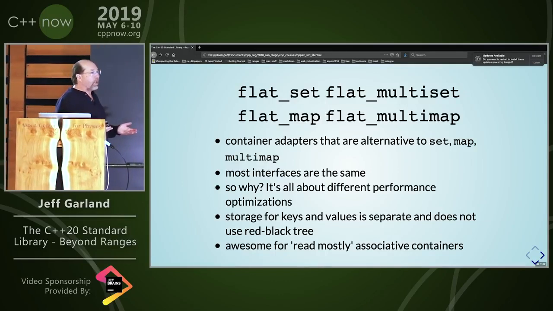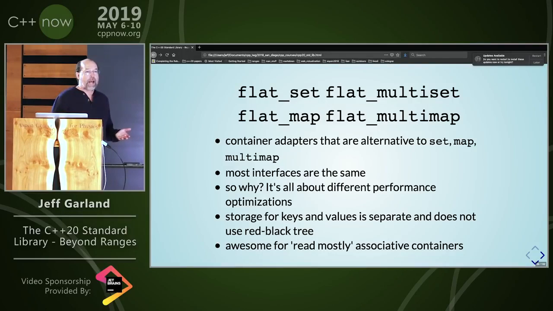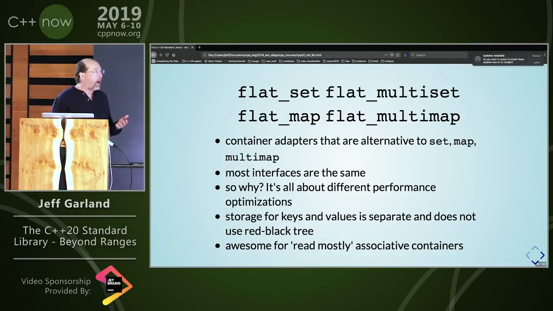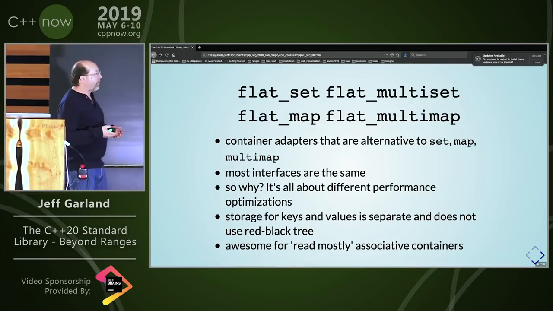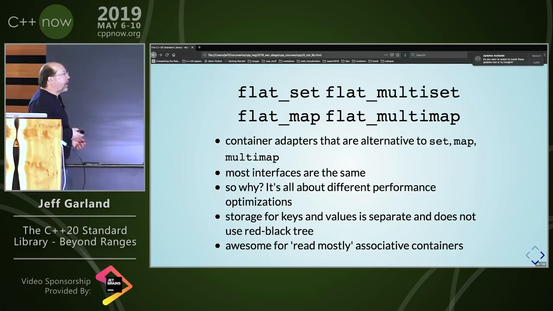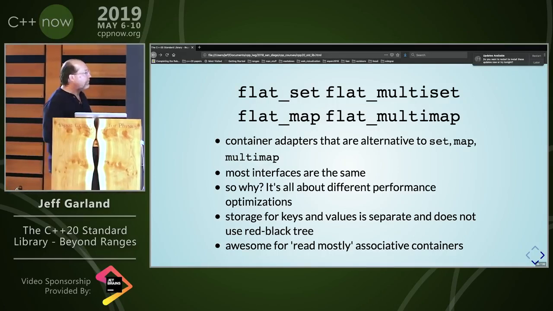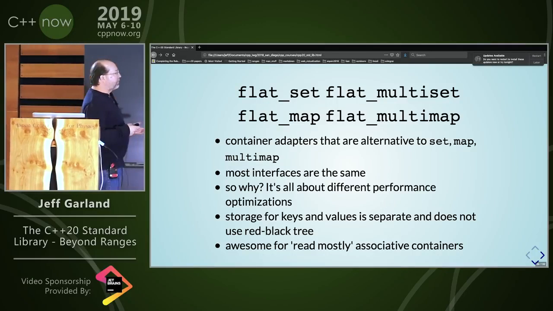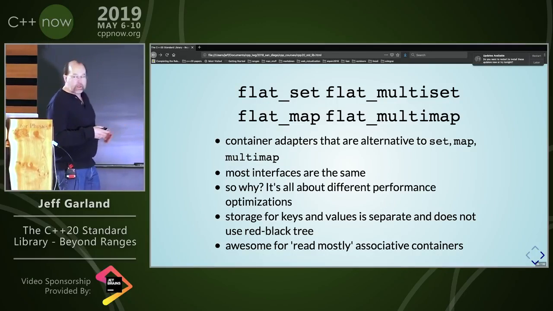His point was that node-based containers and red-black trees weren't the only way to get good find performance. In fact, there are alternatives. And that's exactly what these container adapters provide. So this is really about a different set of performance trade-offs. And we'll see some graphs on that, where you get a very different thing.